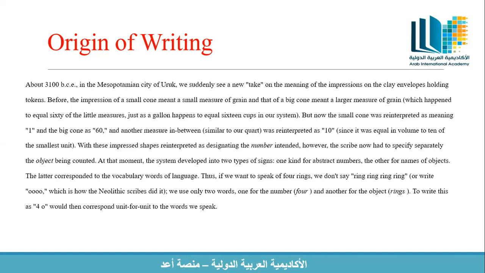Thus, if we want to speak of 4 rings, we don't say ring, ring, ring, ring, or write O, O, O, O, which is how the Neolithic scribes did it. We use only 2 words, one for the number 4 and another for the object rings. To write this as 4, O would then correspond unit for unit to the words we really speak.